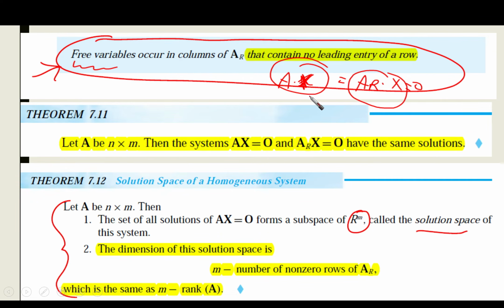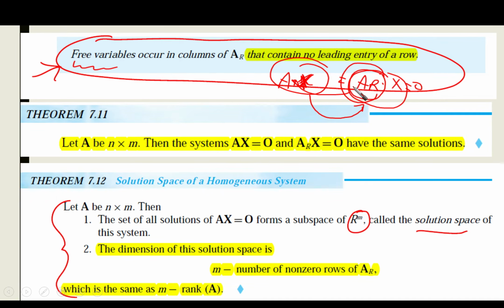And we said that if we could find AR from our original coefficient matrix, then it will be very easy for us to solve the homogeneous equation.